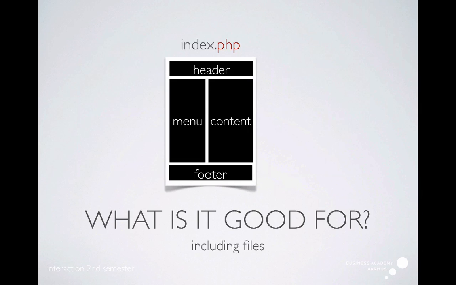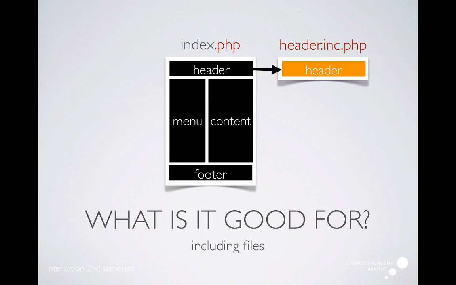Let's have a look at this index page. When we want to work with including files, which we are doing here, then we need to change the name of the page. Instead of index.html, it has to have the name index.php.